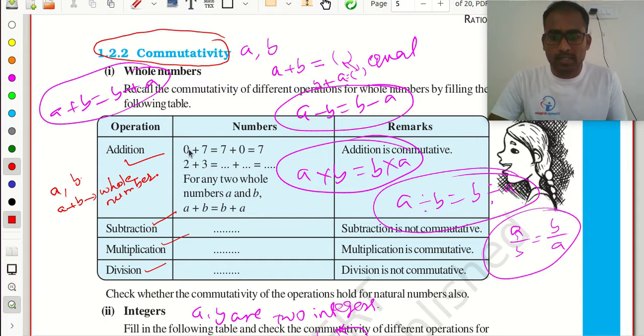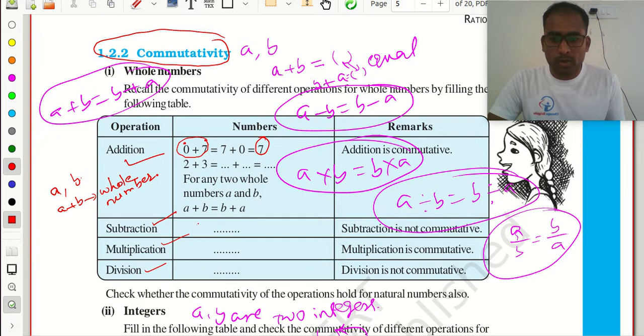See the example: 0 is a whole number, 7 is a whole number. Now I add these two whole numbers and I get the answer 7. 7 is also a whole number. Then I can say these whole numbers are commutative under addition.